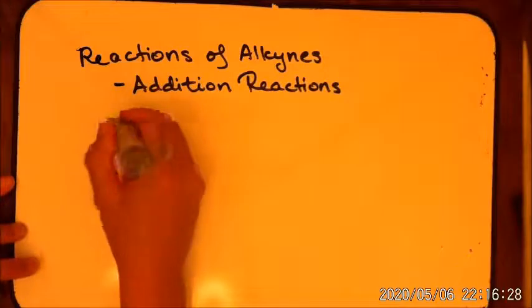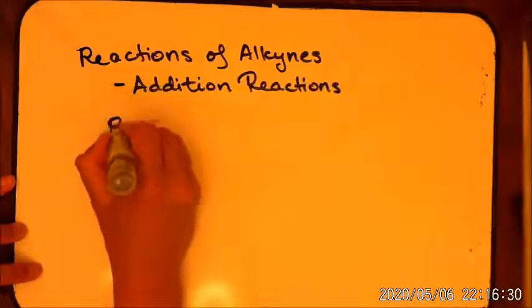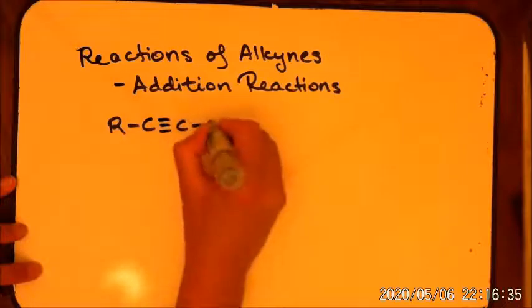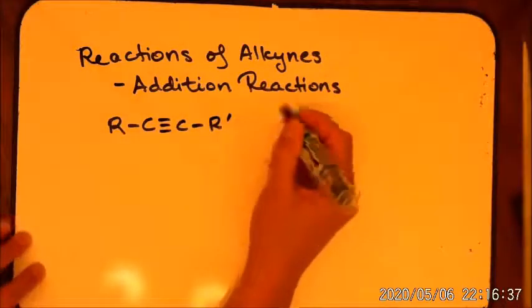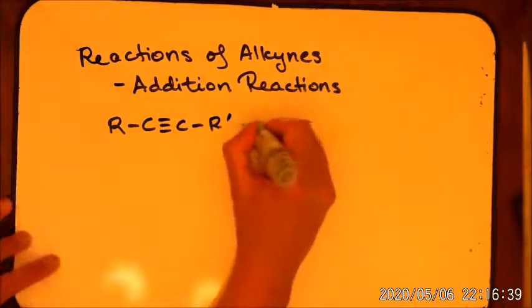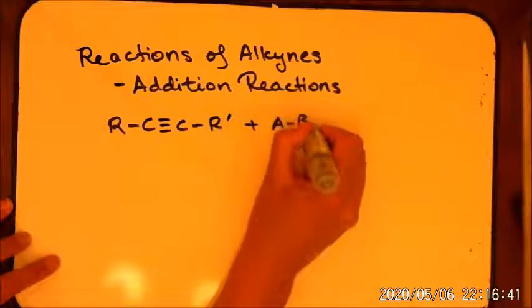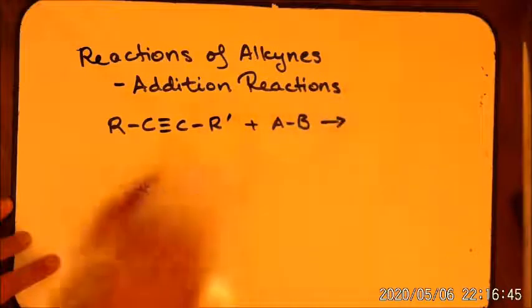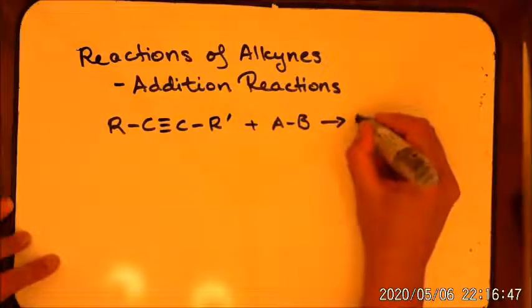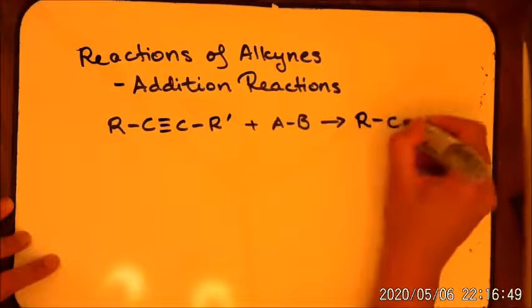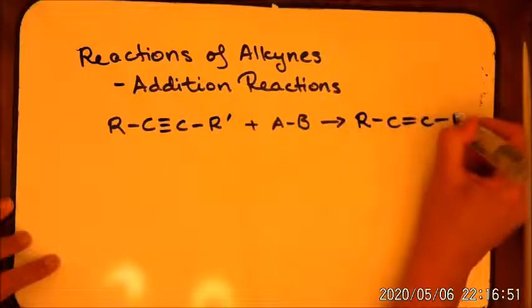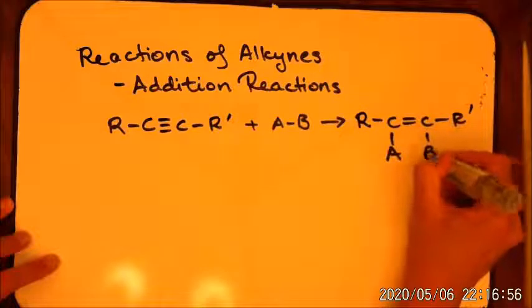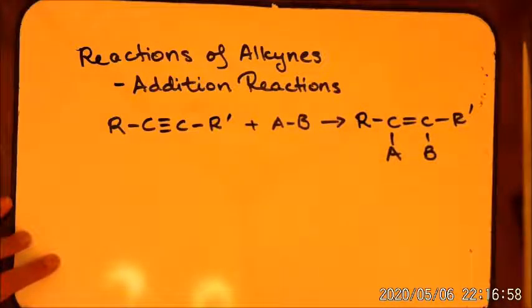If I take an alkyne, and I react it with a compound AB, then what you get is you add AB across my triple bond.